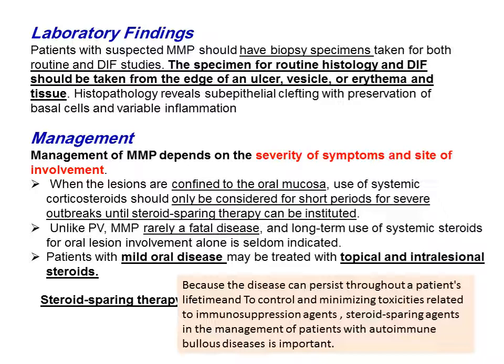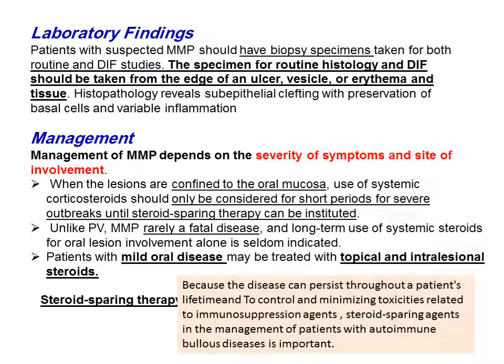Now, what is the management of mucous membrane pemphigoid? This also depends on the severity of the symptoms and the site of involvement. When it is confined to the oral mucosa, systemic corticosteroid may be considered only for a short period of time for a severe outbreak until steroid-sparing therapy can be instituted.